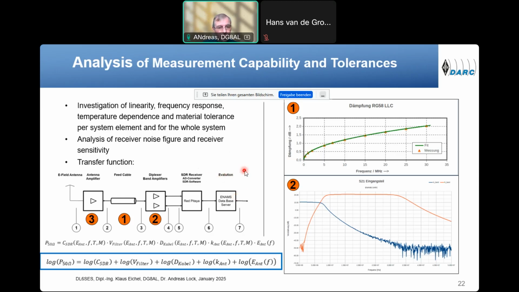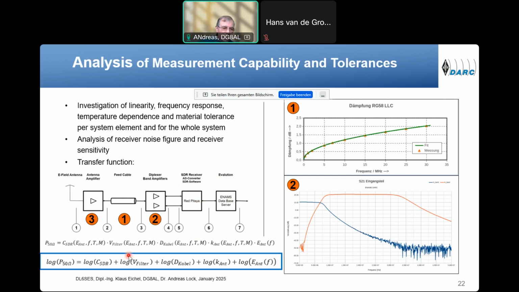So if you look into the system for alignment, then this diagram will help. These are the main parts which have influence on the signal. That's the antenna amplifier, the cable between antenna and receiver, because it has a certain attenuation, then the filters in the receiver itself, but all the other parts like the rest of the hardware or the software have no impact on the frequency response of the system.